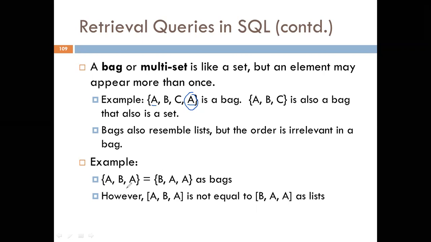In a bag, you can observe here A, B, A and B, A, A are both the same because the order of the elements doesn't matter. Whereas in the case of lists, a list is represented using these rectangular braces. So A, B, A is present, but it is not equal to B, A, A because the relative ordering of the elements will be different.